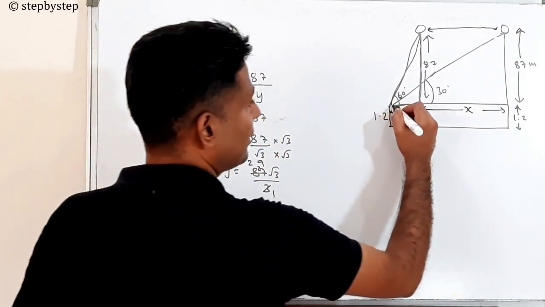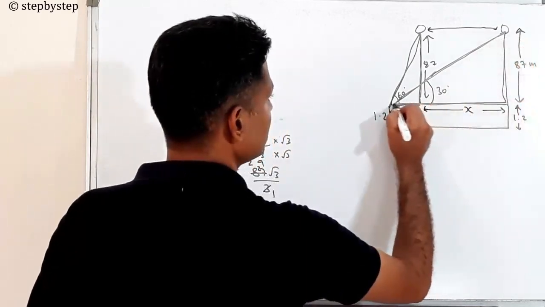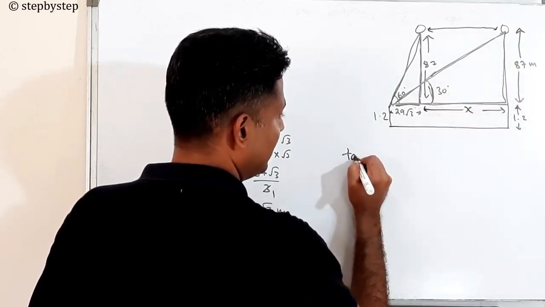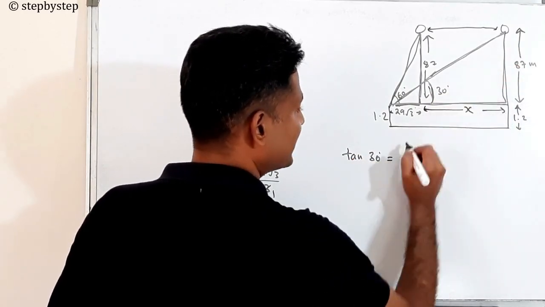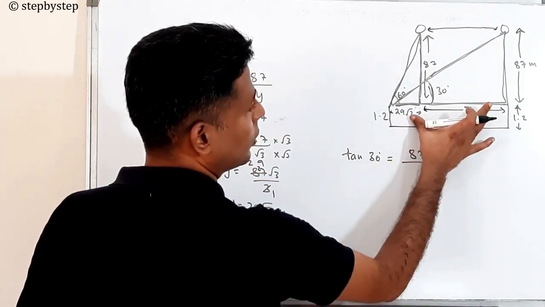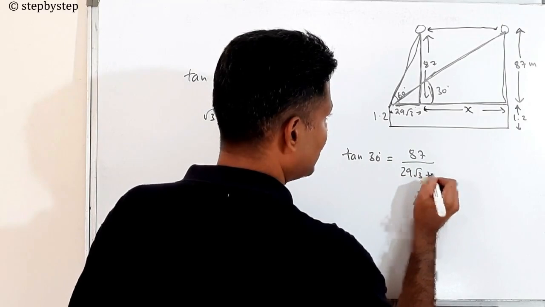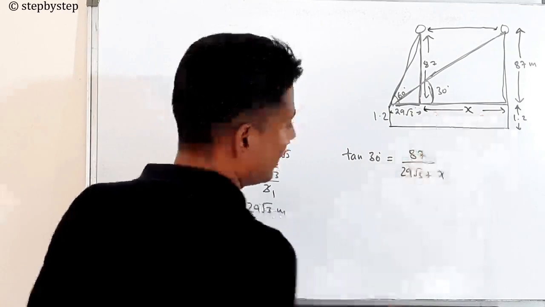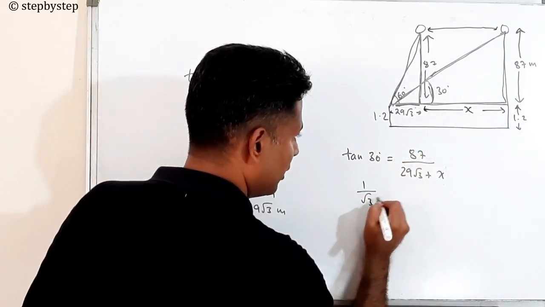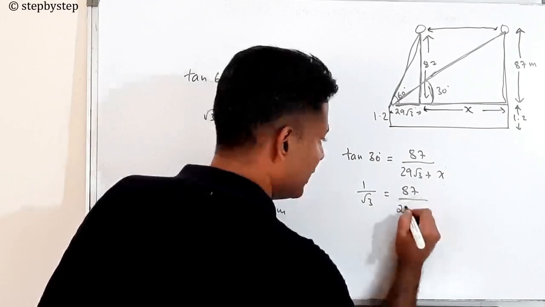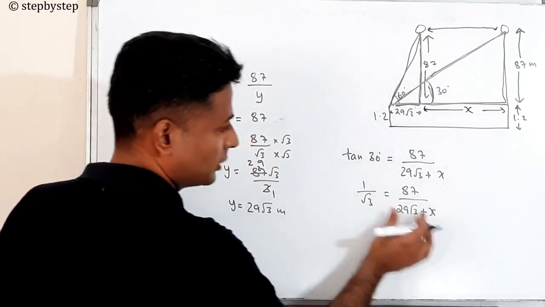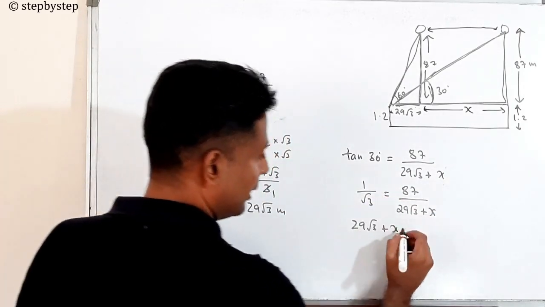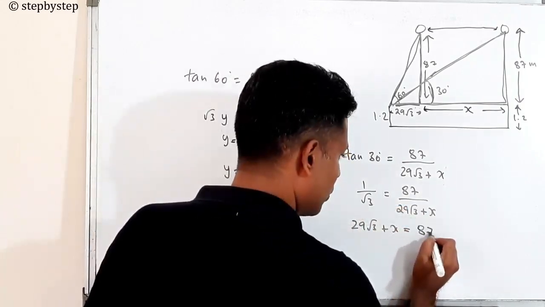Right? Now taking the second triangle, what do we have? Again we have a 30 degree angle, opposite and adjacent. So tan 30 degrees equals opposite, that is 87, by adjacent, that is this whole thing, 29 root 3 plus x. Now tan 30 is 1 by root 3, equal to 87 by 29 root 3 plus x. I will transpose, so 29 root 3 plus x into 1 is the same thing, equal to 87 root 3.